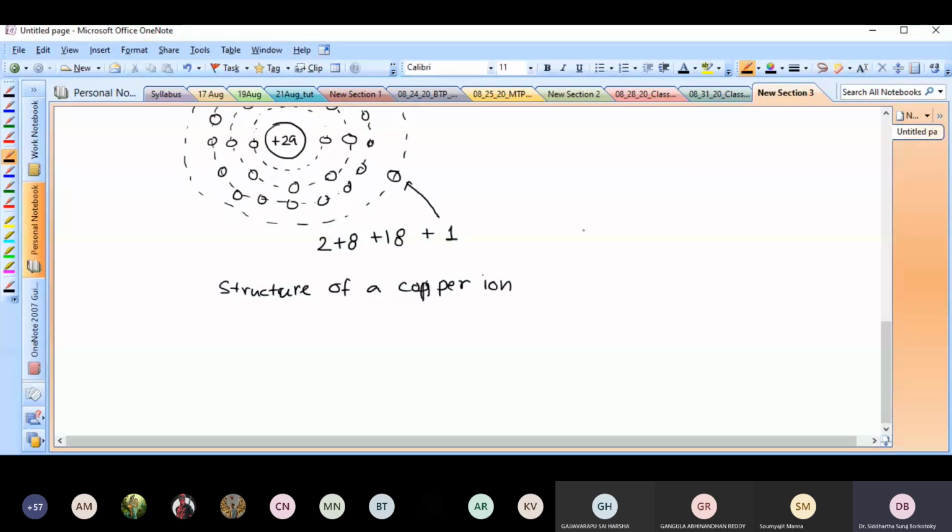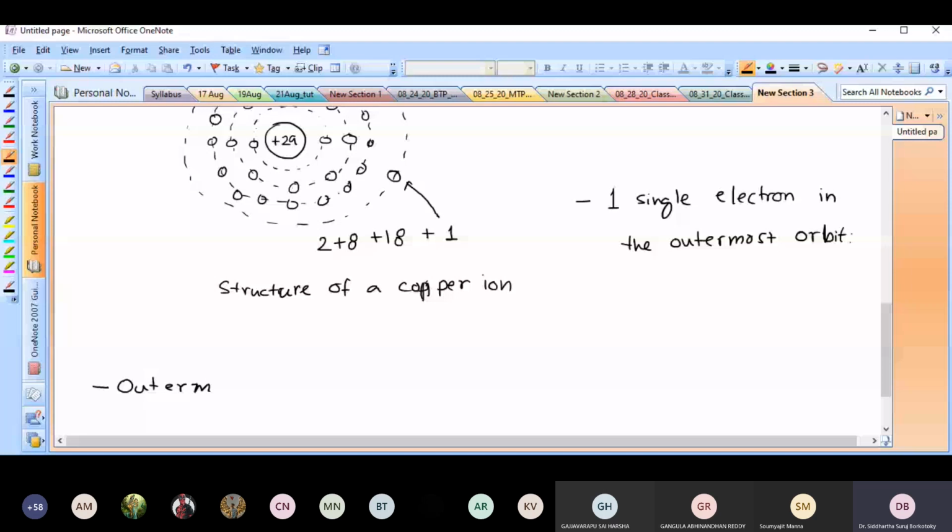You have 1 single electron in the outermost orbit. This electron is actually the important entity when we talk about conduction. This outermost orbit is also known as the valence orbit.